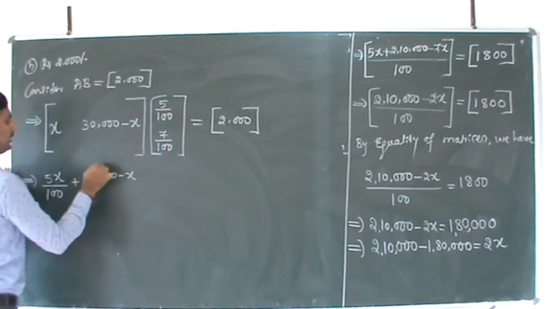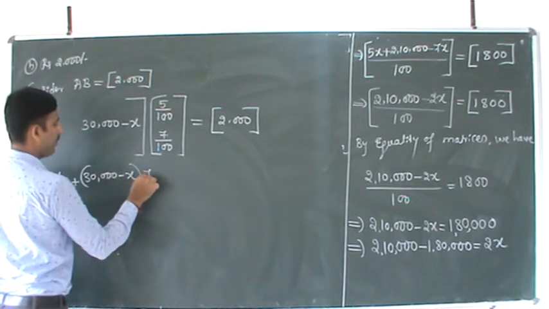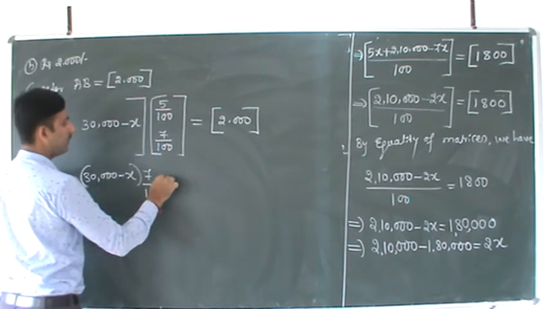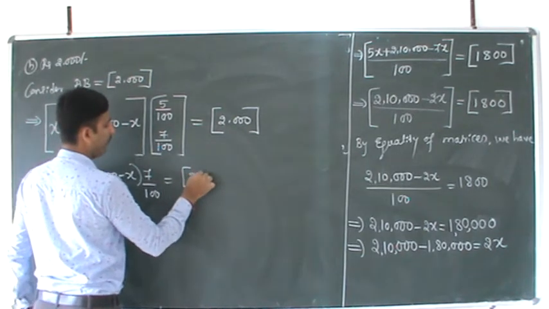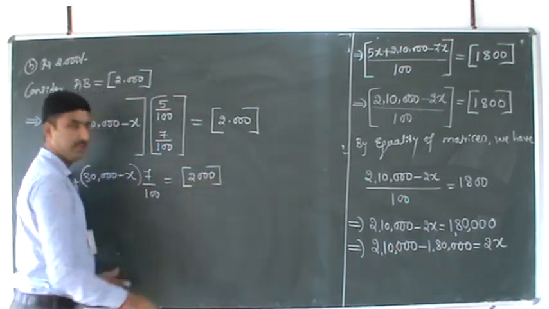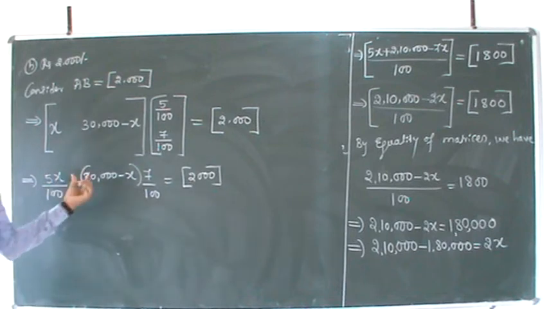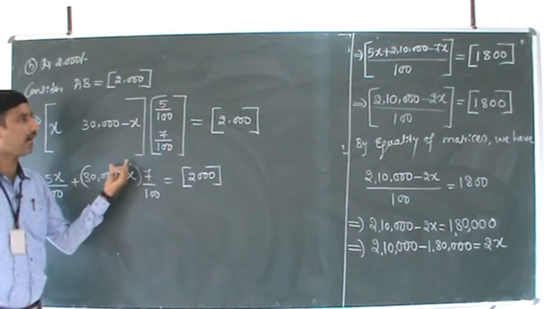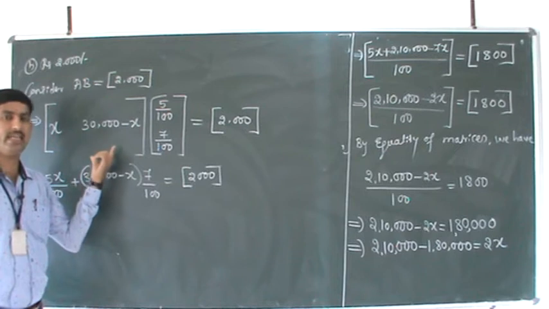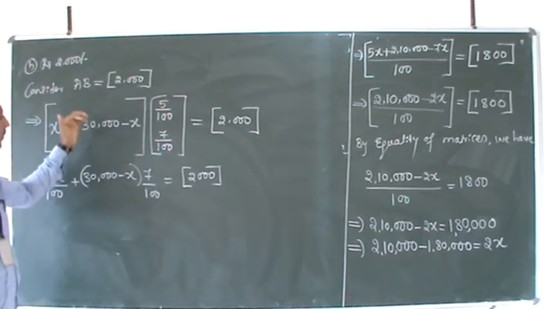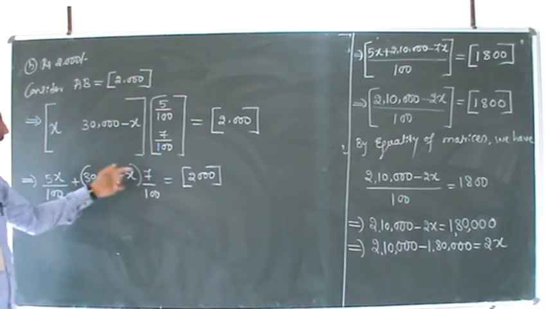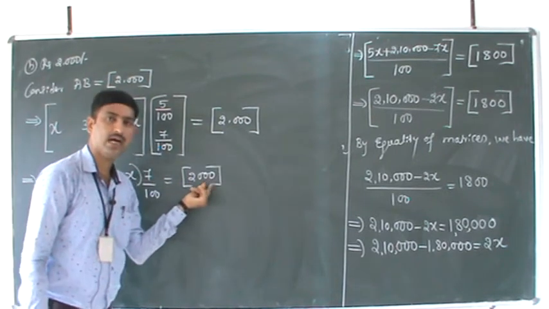5x divided by 100 plus (30,000 minus x) into 7 divided by 100, which is equal to 2000. The LHS step is the same as the answer for the question A we have solved, correct? Same procedure we have to do for LHS, only the RHS value changes.